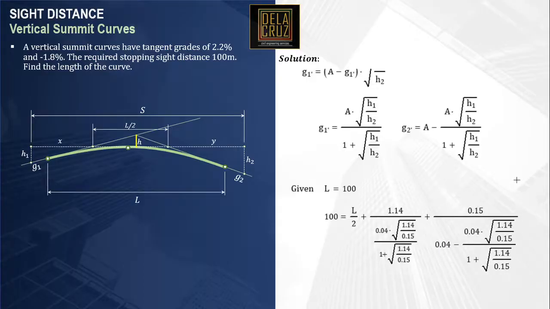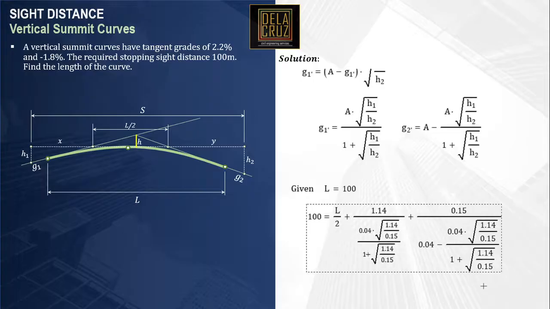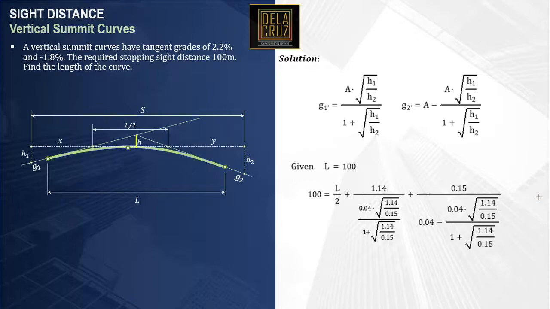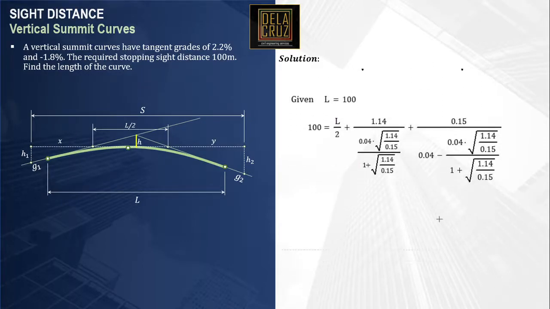Now, if you try to simplify this further, we can come up with a formula for this, no? But I'll just do it this way to have a lesser time in recording this video. So L is equal to, find the L. Now as you can see, S, which is 100 meters, is truly greater than L, that is approximately 94.15 meters.